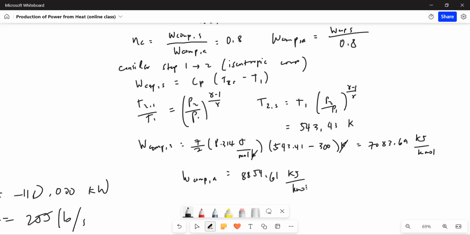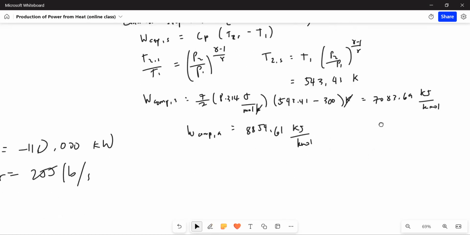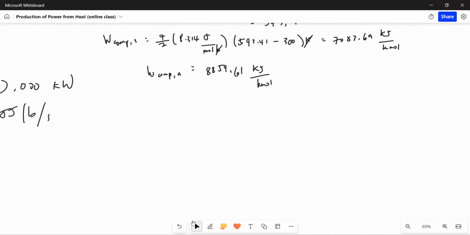So we're done with the actual work of the compressor. We move on to the actual work of the turbine.